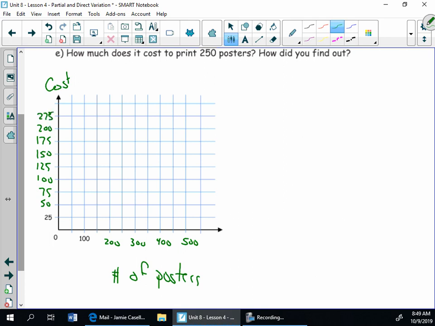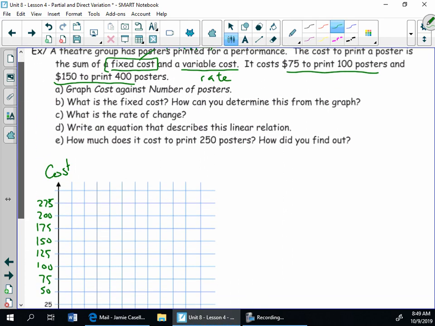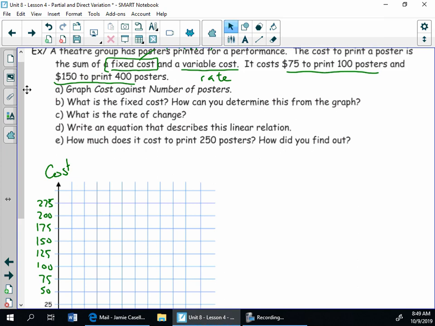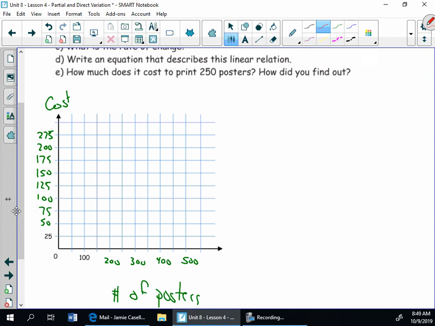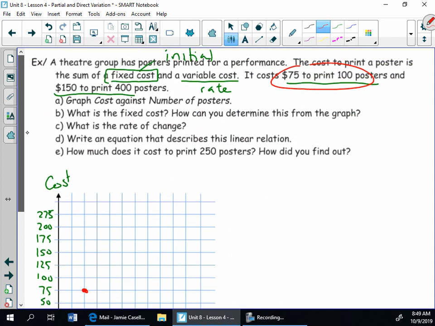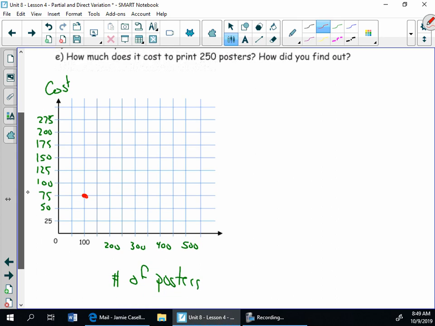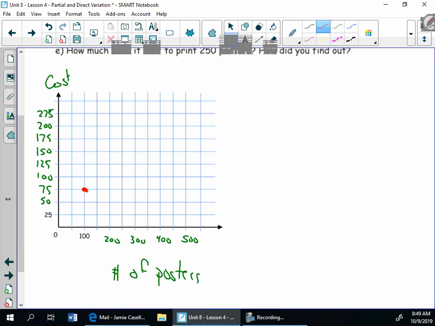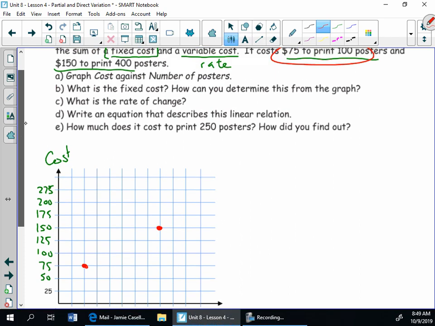It's all patterns, right? Okay, what do we know? $75 for 100 posters. So there's a dot right there. 100 posters, $75. 400 posters is 150. 400, 150, right there. So I graph the information. That's all it asked me to do.